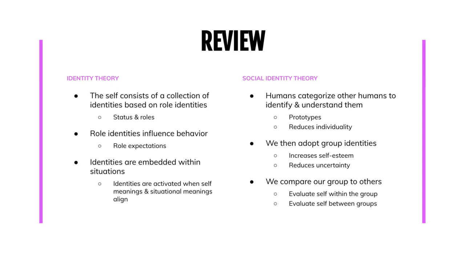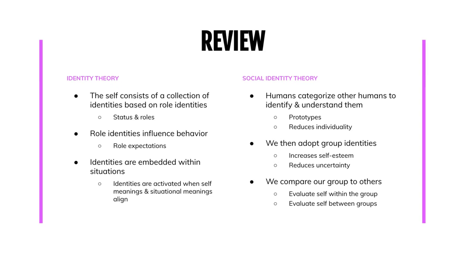But for the purpose of this class, I think it would just be a lot easier to discuss them in terms of calling all these things different roles, like your role as a student, an employee, a son, daughter, sister, brother, cousin, aunt, uncle, friend, whatever. So again, the self consists of these collections of identities based on role identities.